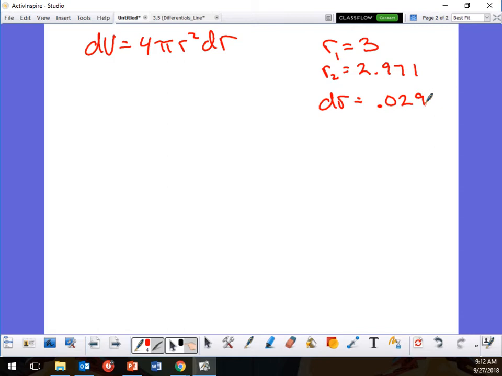So now we know that the r is 3. My dr is 0.029. So I have dv equal to 4 pi 3 squared times 0.029.